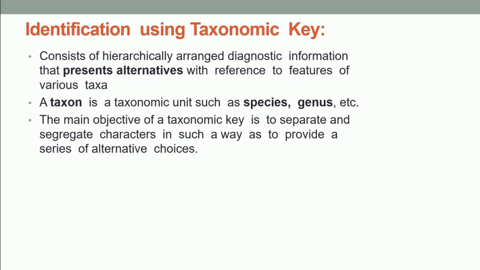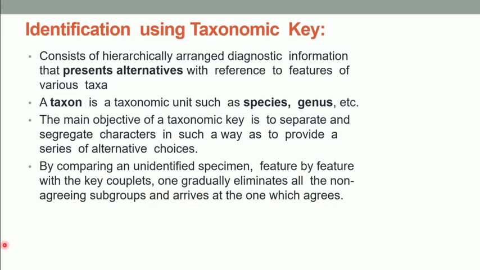So alternative choices are provided, based on which you are going to identify that particular organism. By comparing features of an unidentified specimen, feature by feature or character by character, with the given couplets, one would gradually eliminate those characters which are not present, and ultimately he will come to the conclusion and can identify the particular organism.